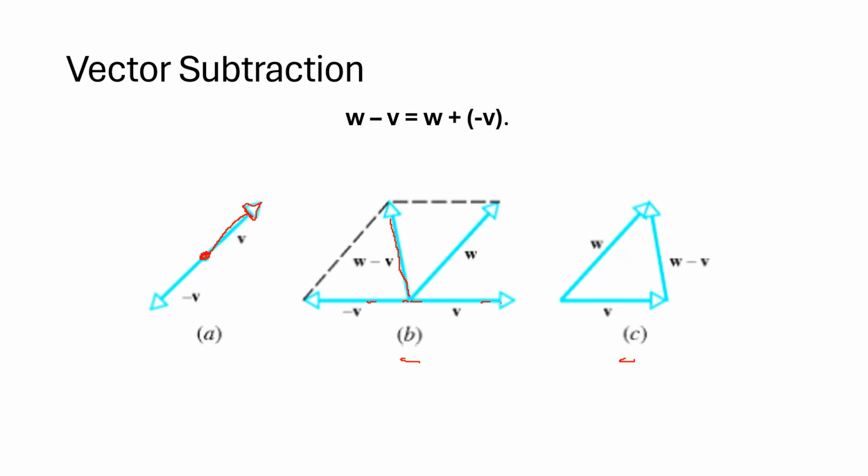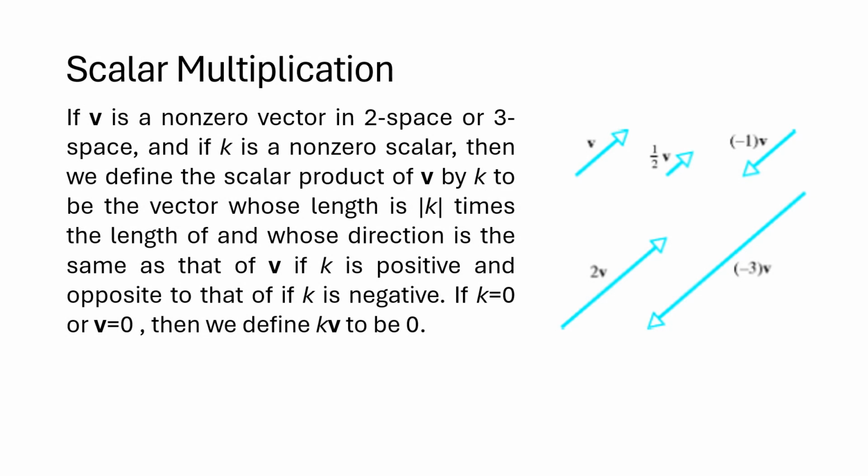Next, we have scalar multiplication. Sometimes there is a need to change the length of the vector or change the length and reverse its direction. This is accomplished by a type of multiplication in which the vectors are multiplied by scalars.